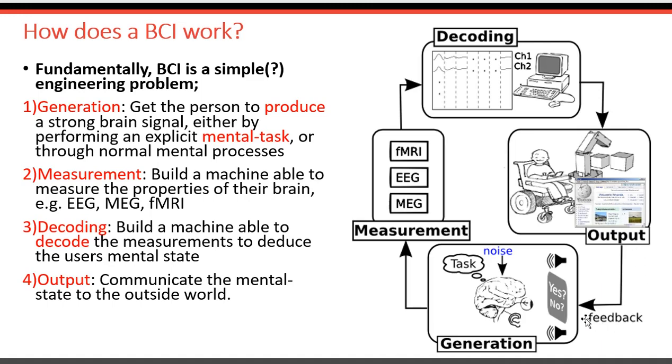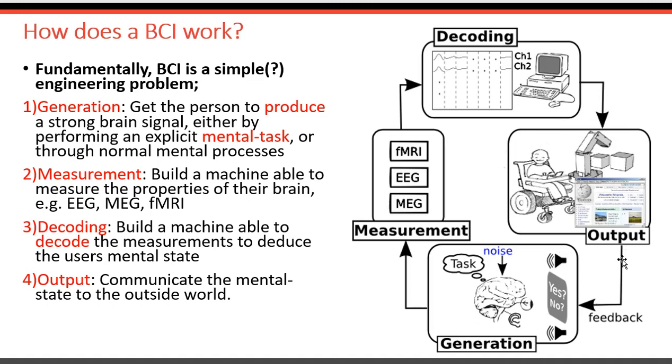And finally, we have the feedback. The person generates a brain signal, okay, that corresponds to his or her mental state, mental intent. The device picks up that signal, quantifies it, and gives us discrete data. The set of machine algorithms, a computer algorithm, will decode that data and translate it into a control signal.